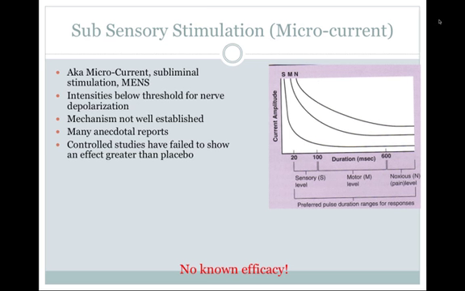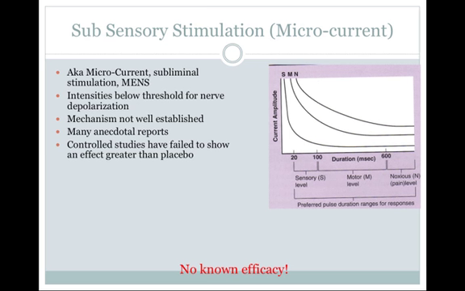But what we're talking about is the area before you hit the sensory threshold, anywhere along in this area right here, before we've really depolarized anything that can be felt. That's called microcurrent, or subliminal stimulation, and the intensities are well below the threshold for nerve depolarization.